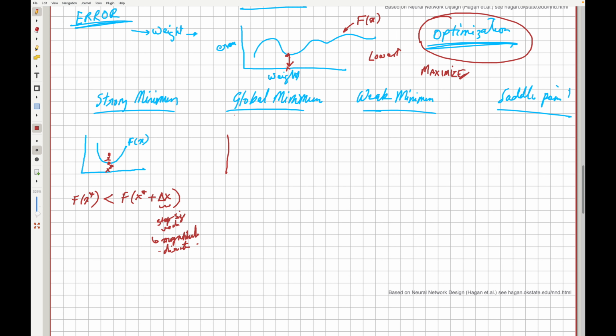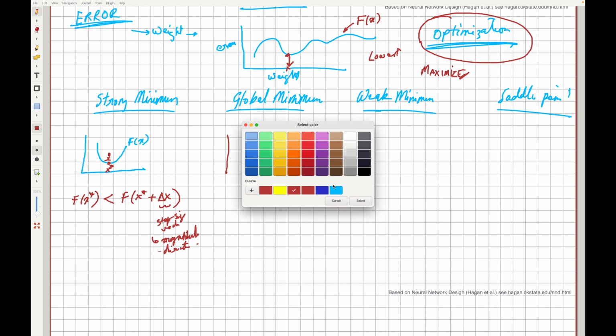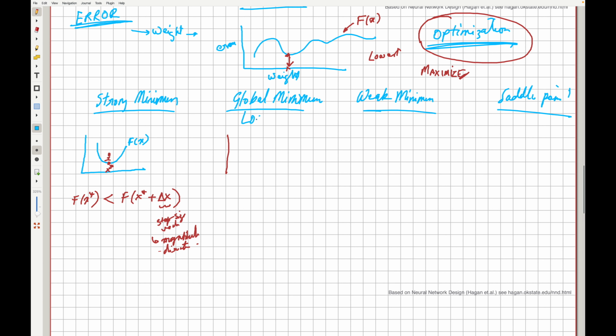And because there is a global minimum, there is also a local minimum. So the idea with the global minimum and the local minimum is as follows. Let's say we have, let me draw this, something like this. That's our f of x.